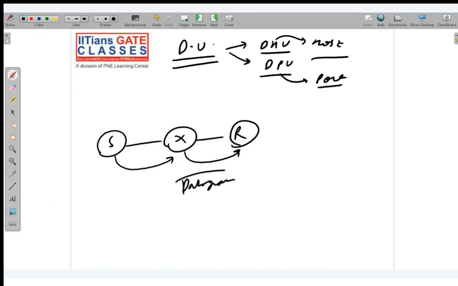This datagram must be packed in a frame, and a frame means a header and trailer must be attached. So directly or indirectly what we should know? ARP. This router knows the IP address of the receiver, but it wants to know the physical address of the receiver. Once it knows the physical address of the receiver, only then can it make a frame and send this frame to the receiver. And what will be there in the frame? Obviously the datagram.